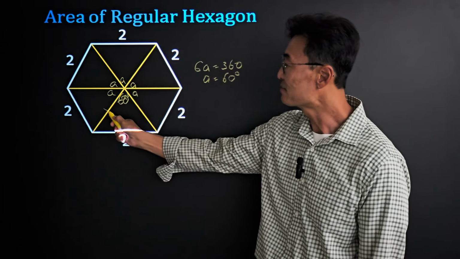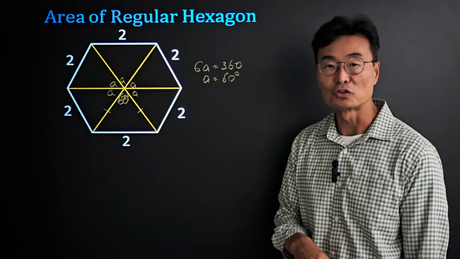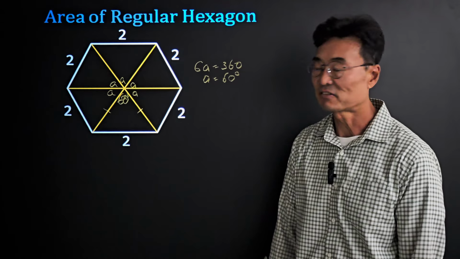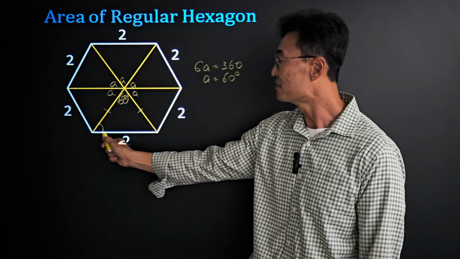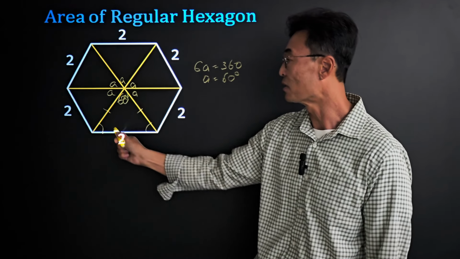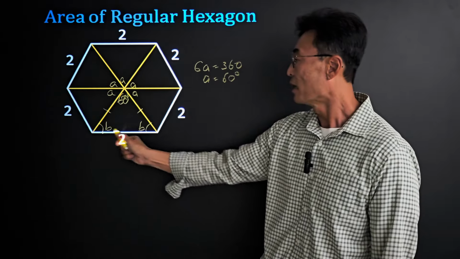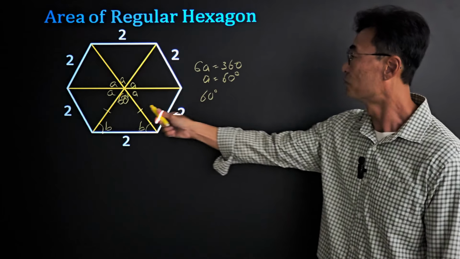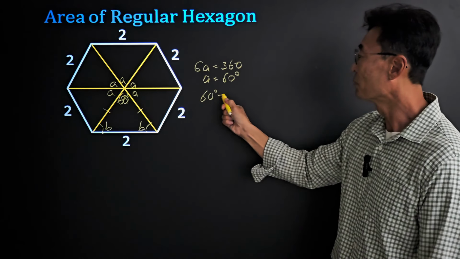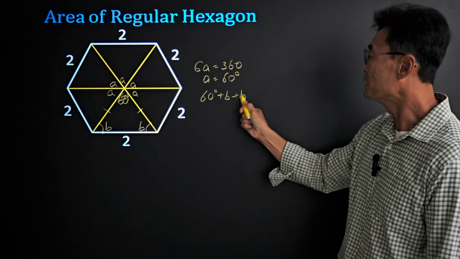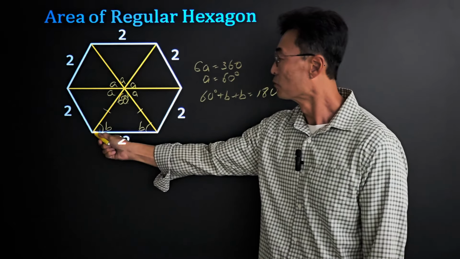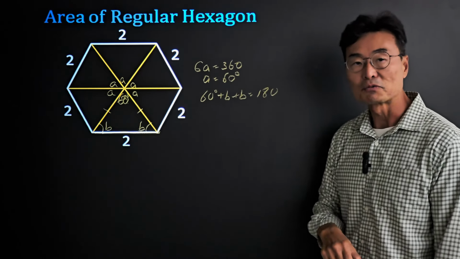Also, we know that this side and this side are going to be the same because they're both radii to the hexagon, which means that this angle here and this angle here, which we could call B, are going to be the same. So we have 60 degrees from the central angle here, plus B equals 180, since 3 angles of a triangle add up to 180.